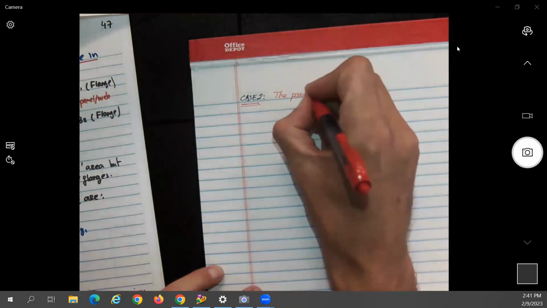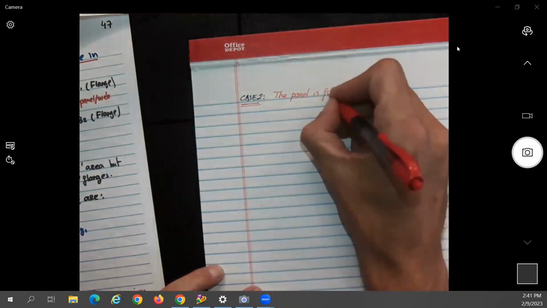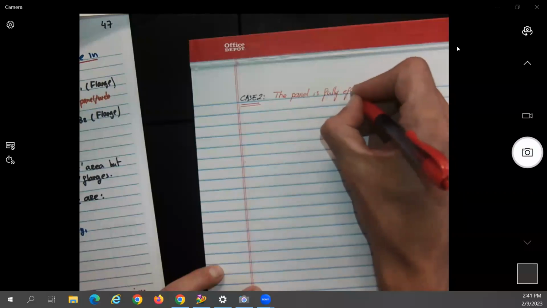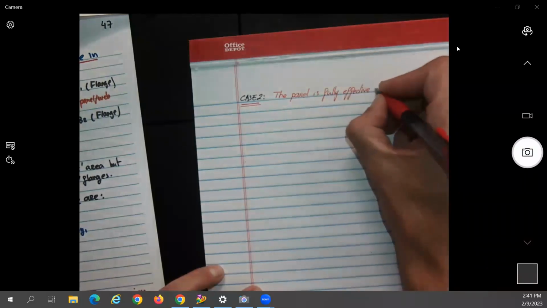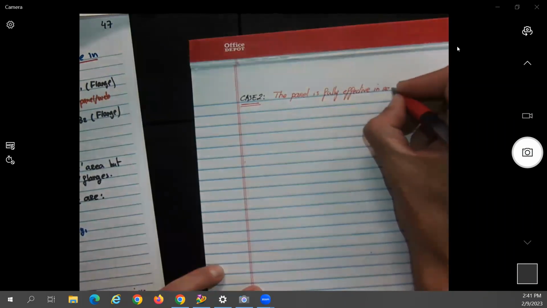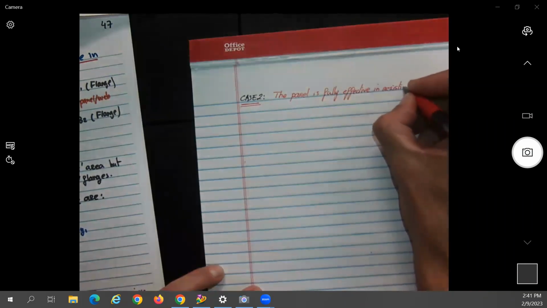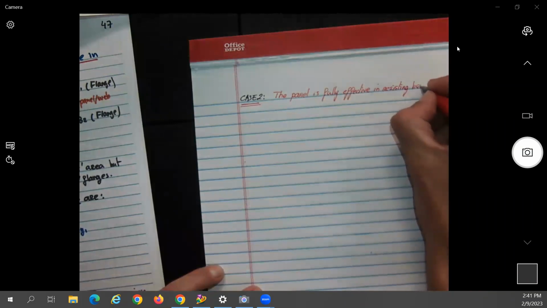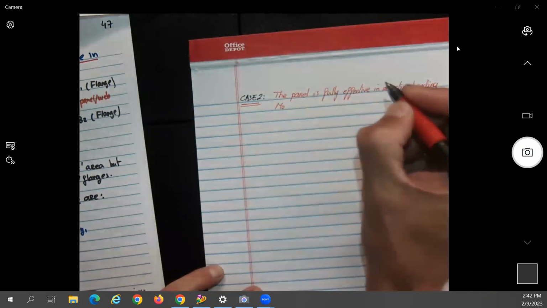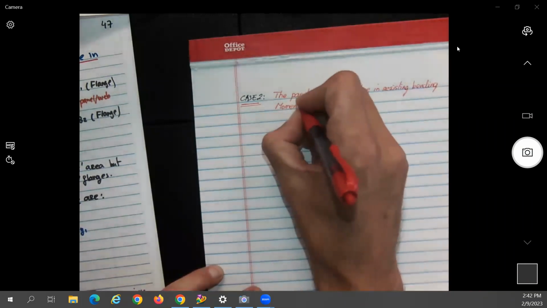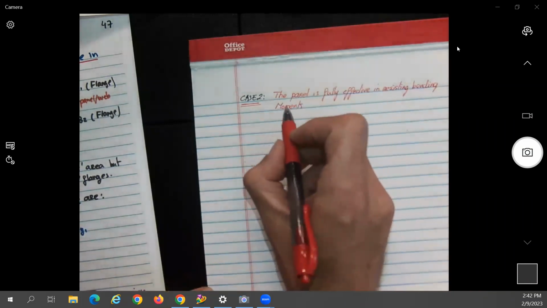Panel is fully effective in resisting bending moments.